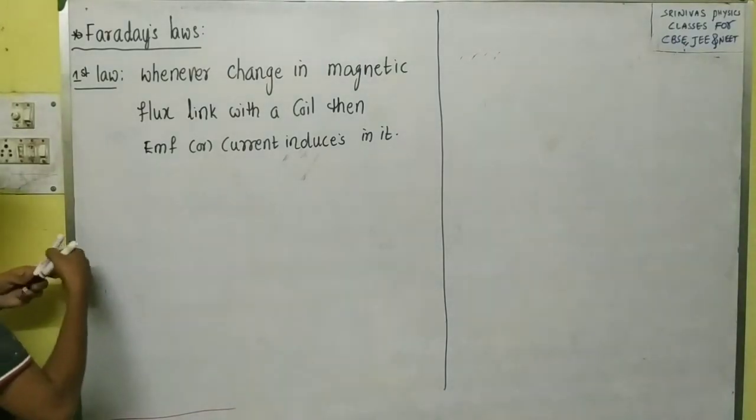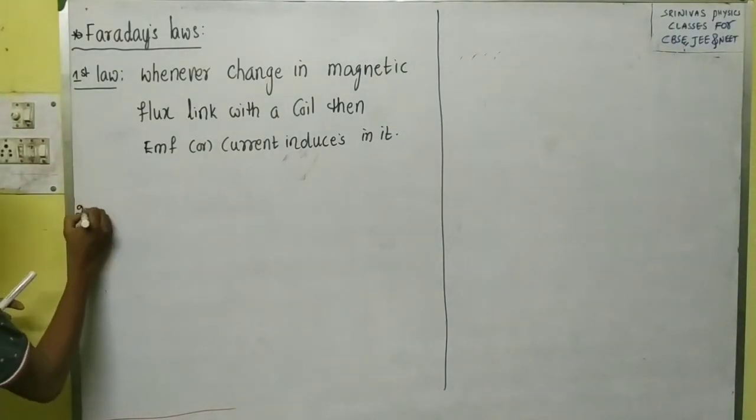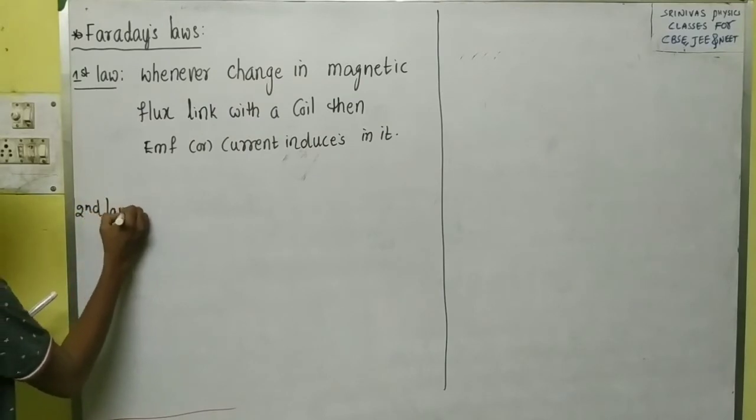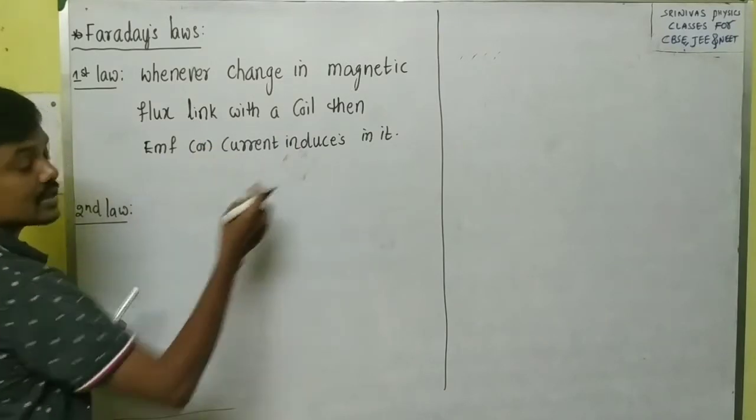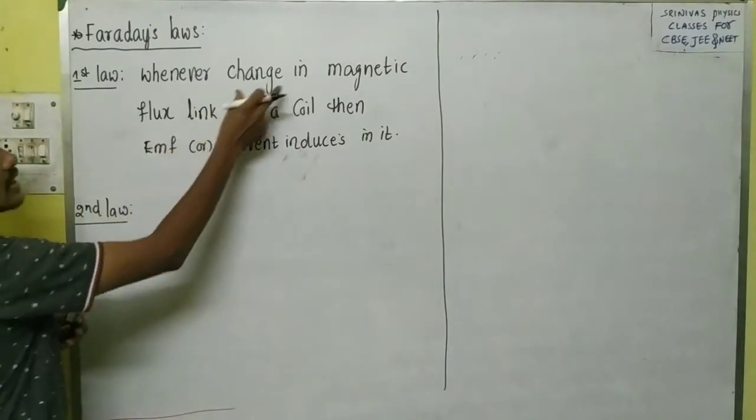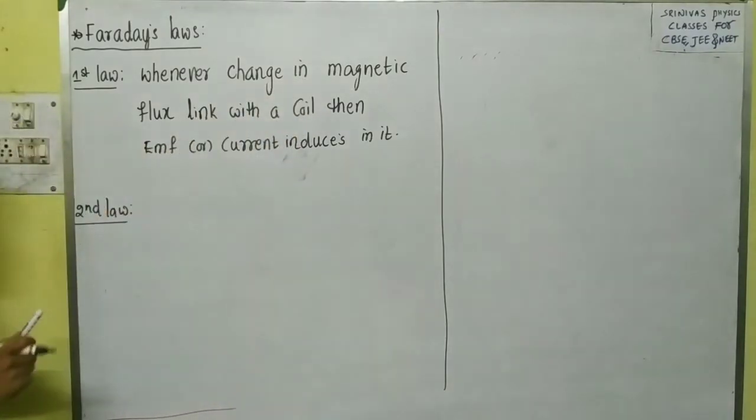Right. What is the second law? The second law is also very simple. The first law says that the change in magnetic flux produces current. Then he gave the relation between the change in magnetic flux and the induced EMF.